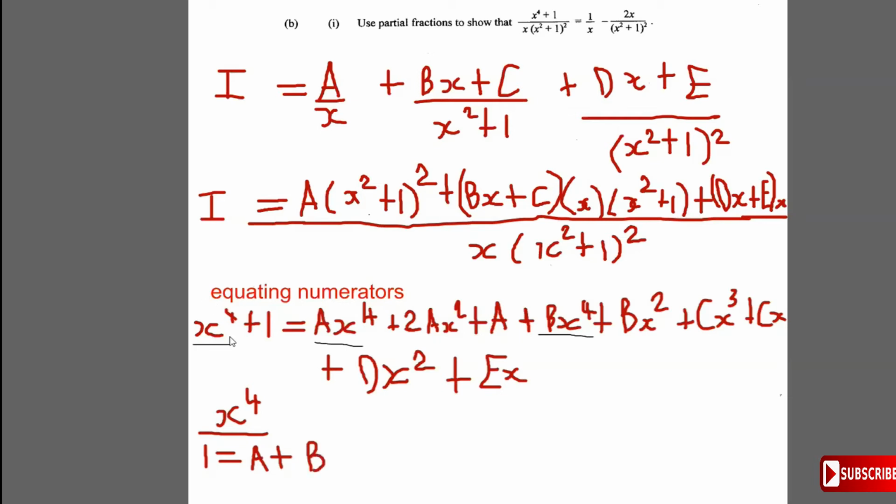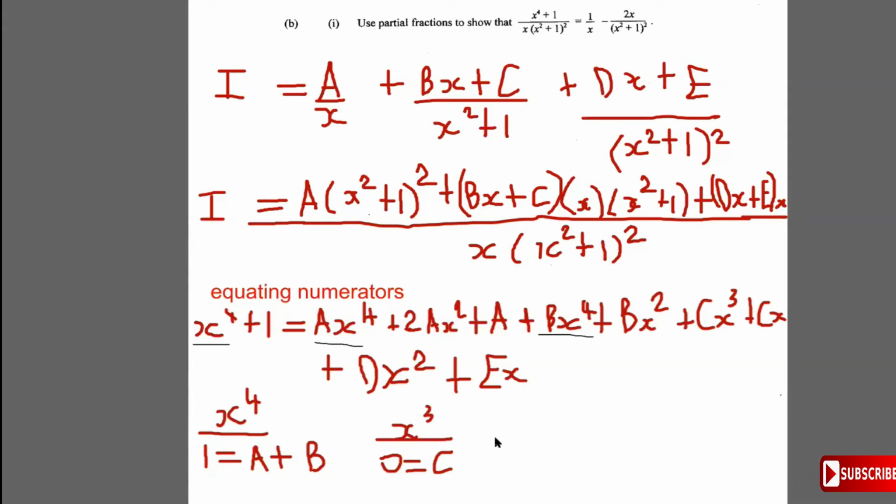Equating x cubed terms, there's no x cubed term here. So 0 is equal to the x cubed term over here, which is cx cubed, so 0 is equal to c.